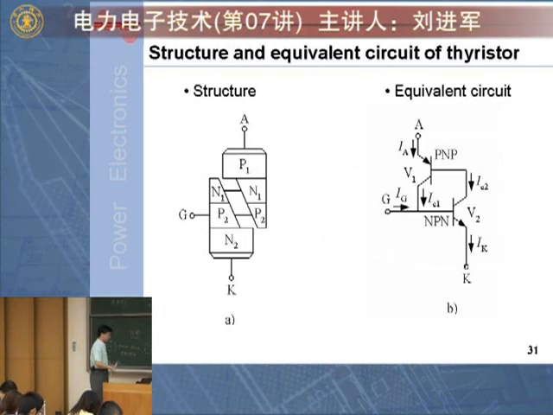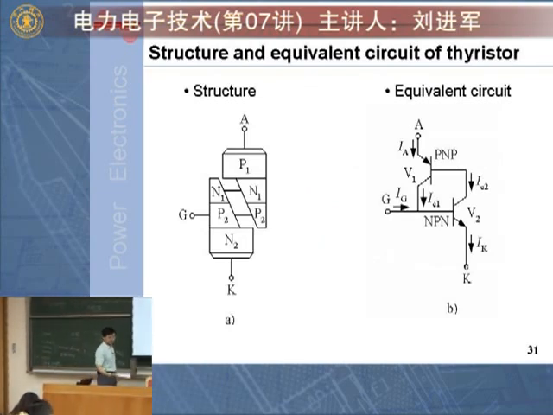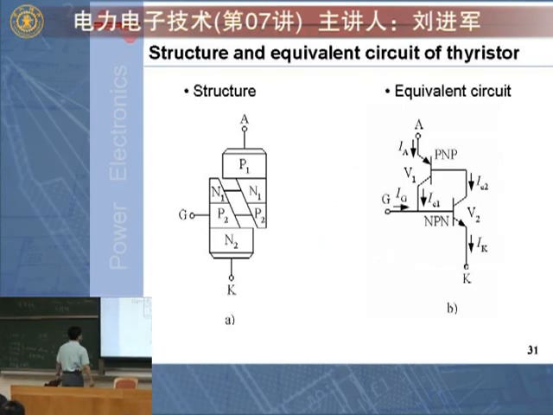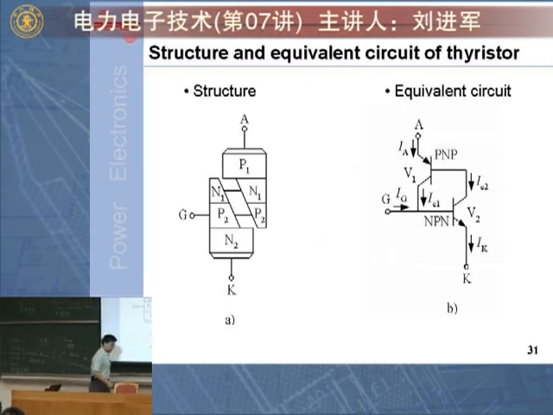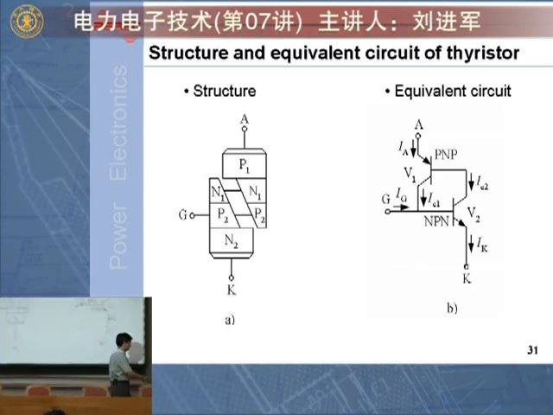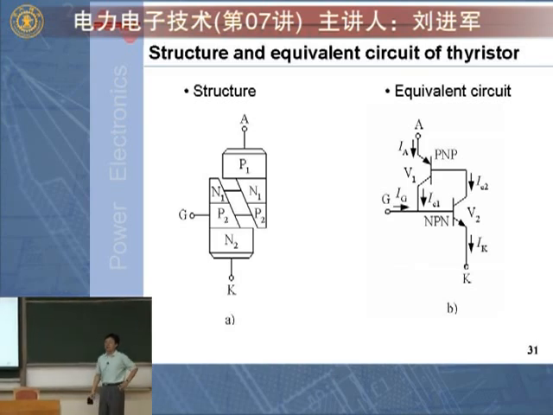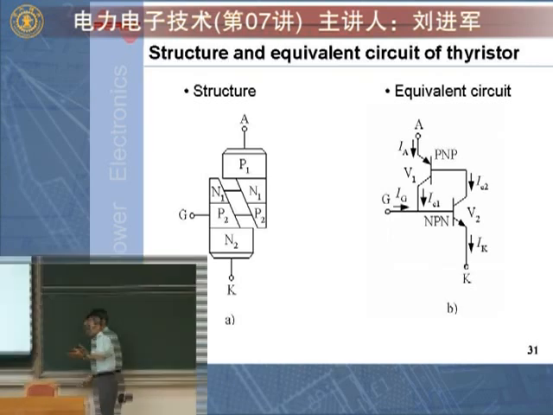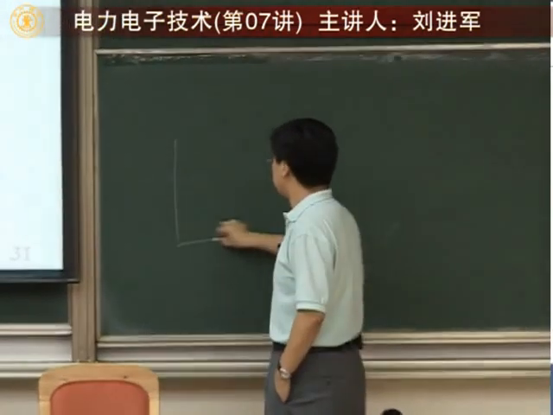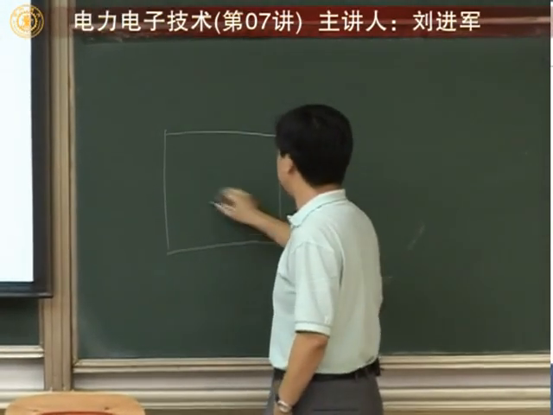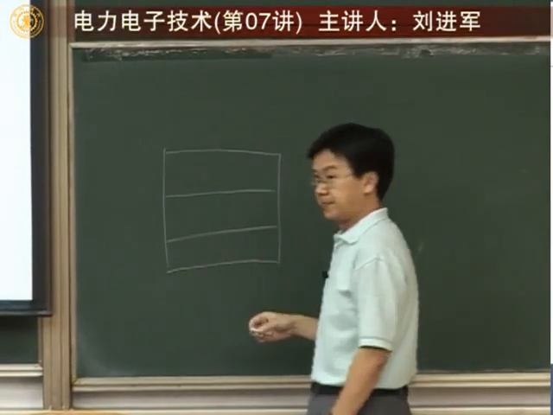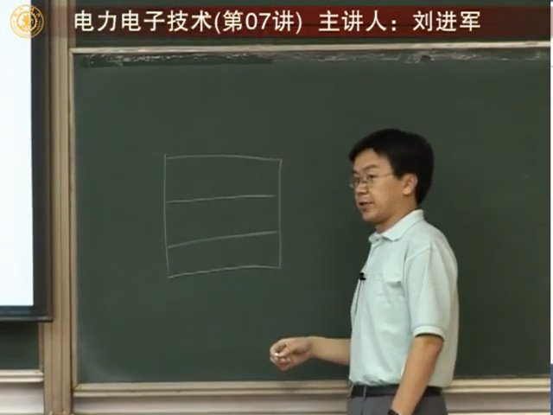The inner structure of a thyristor is actually different from the diode. Although the outside looks similar to the diode, the inner structure is different. Remember, for the power diode, it is a 3-layer structure.